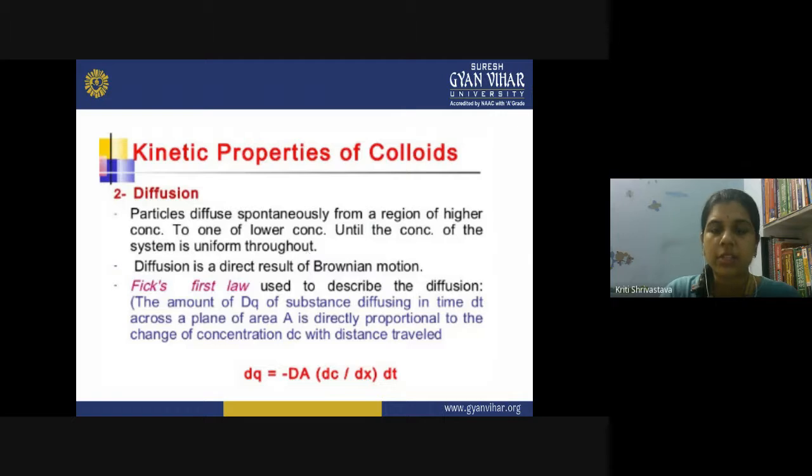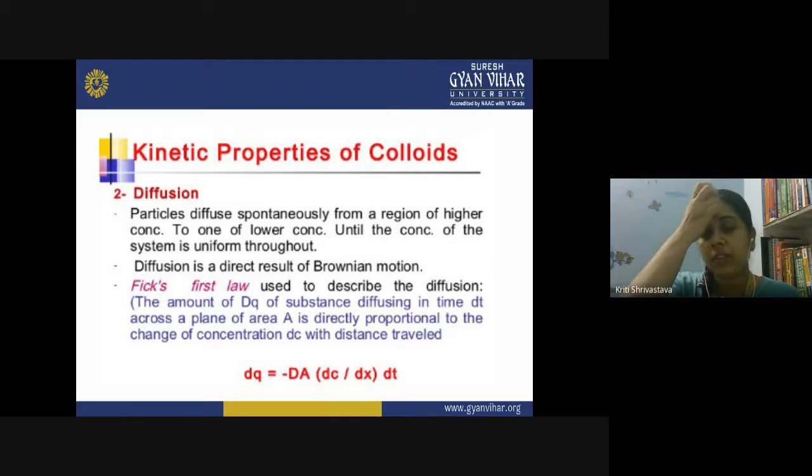This process will continue till we have similar concentration on both sides. So when the number of particles on both sides becomes equal, the diffusion will stop, because now an equilibrium is set up between these two parts.